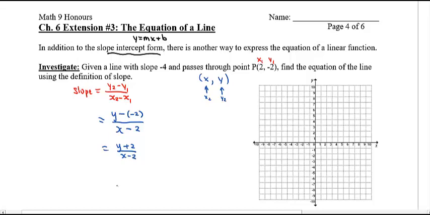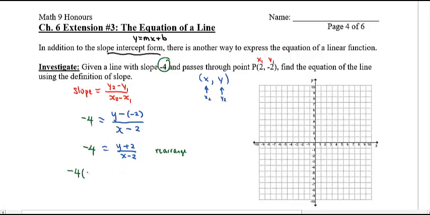Great. Now the key thing here is that the slope is equal to -4, so I'm just going to put -4 on the left-hand side. And now what I'd like to do is just rearrange this fraction. I'm going to move the denominator from the right side to the left side, so division becomes multiplication.